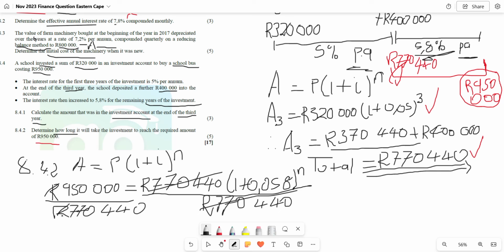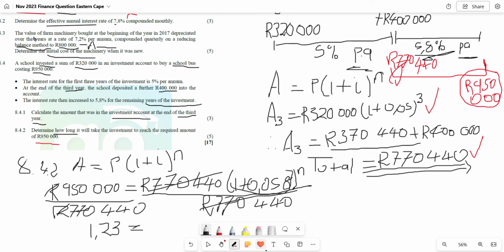Then let us use our calculator. 950,000 divided by 770,440. This gives us 1,23, which is equal to, now we need to punch this into our calculators, 1 plus 0,058.